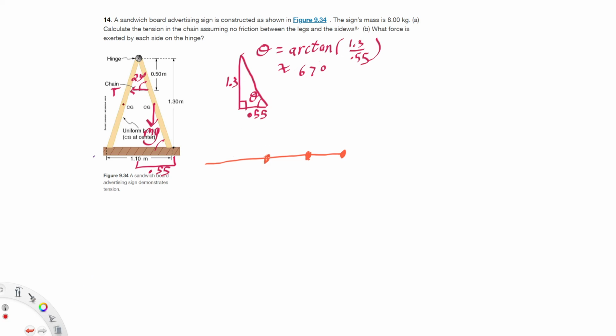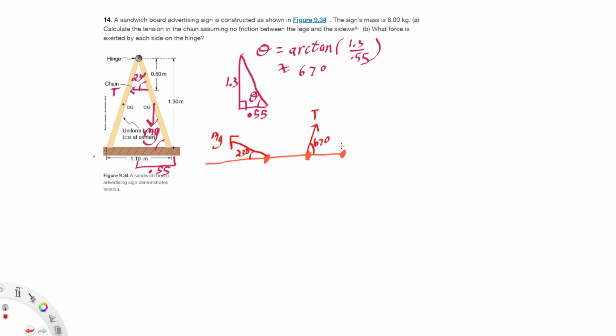Okay. So the weight is coming off the sandwich board at an angle, and that angle is going to be 23 degrees. This is our mg. The tension is coming off like so, and that angle is 67 degrees.